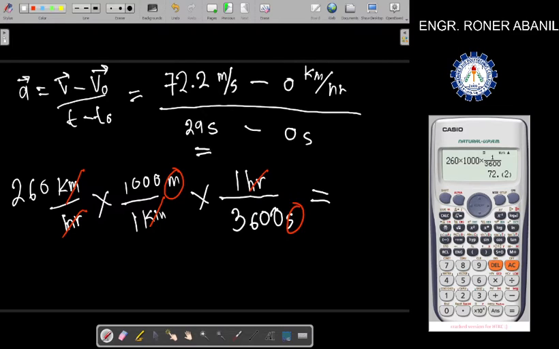So, ang lalabas dito, bababa yung second, magiging meter per second squared. So, 72.2 divided by 29.